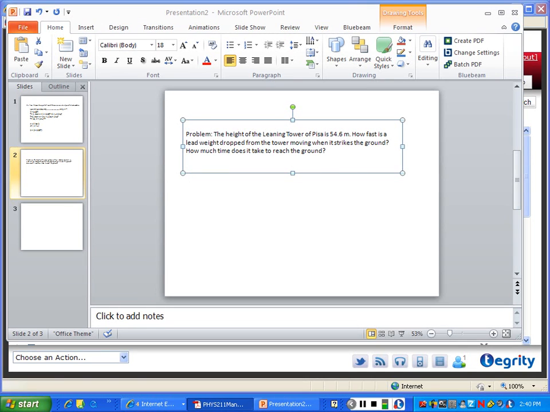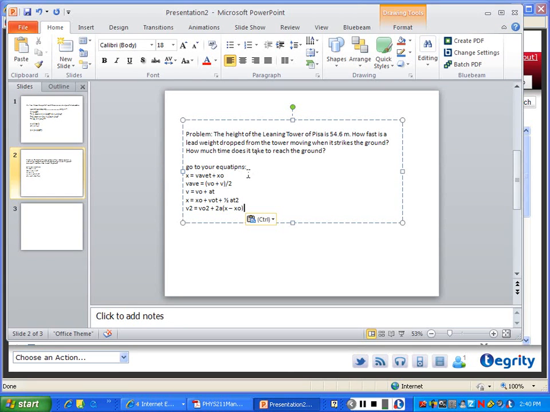So if you were to scroll back a couple of pages to the various formulas discussed in this chapter, and this should be on page 40, there's a list of formulas showing you how to find x given v0 and v and a and t and so forth. So I'll refer you to those formulas on page 40.